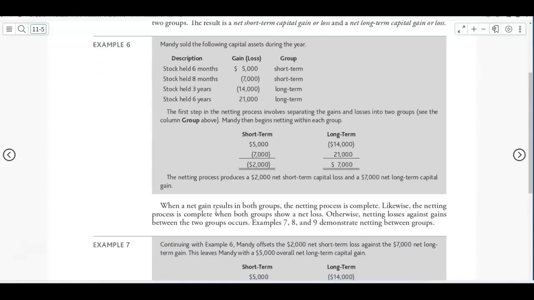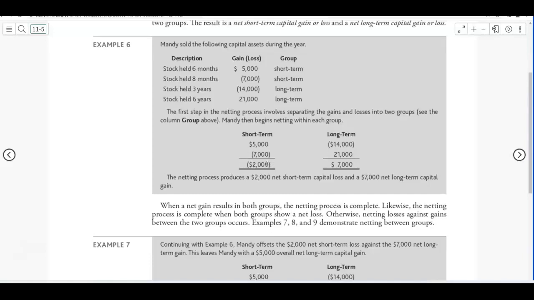Now, when a net gain results in both groups, the netting process is finished, complete. If it's net gain here and net gain over there, that means you have to stop. Likewise, the netting process is complete if both groups are net loss.